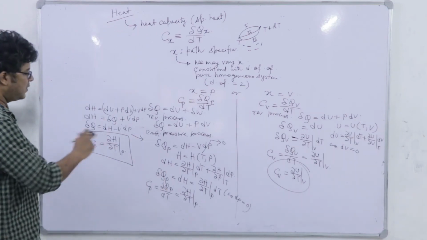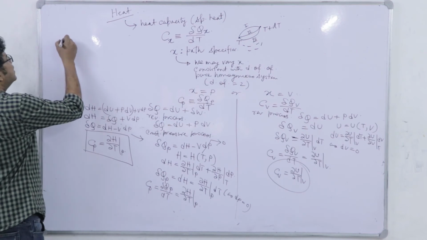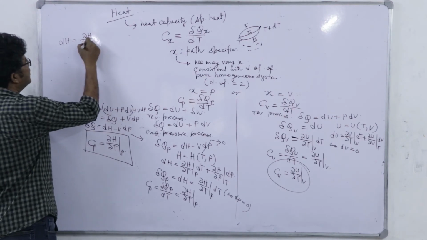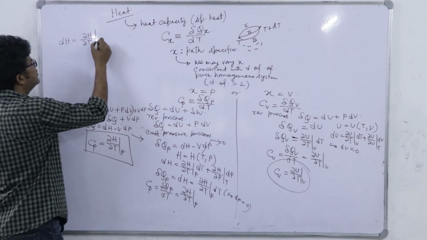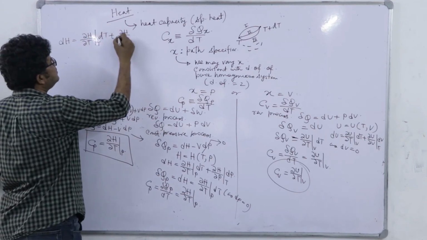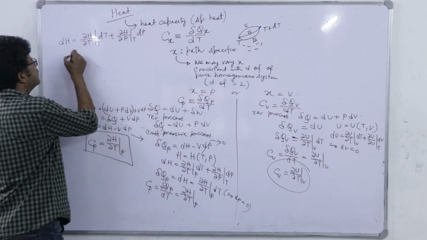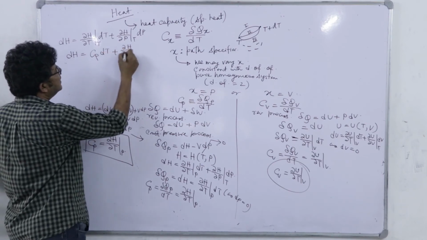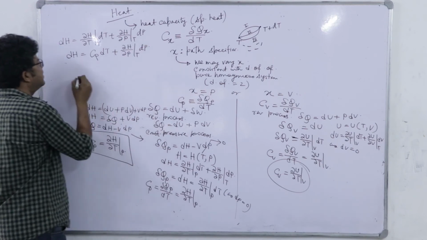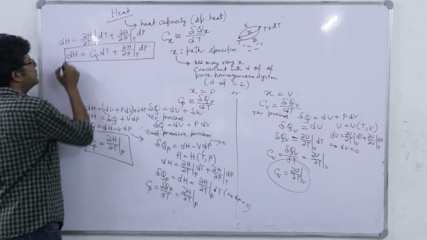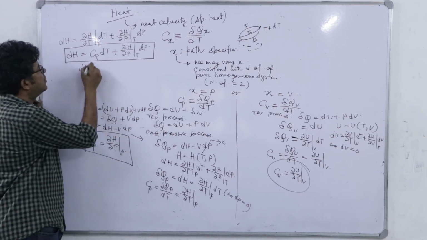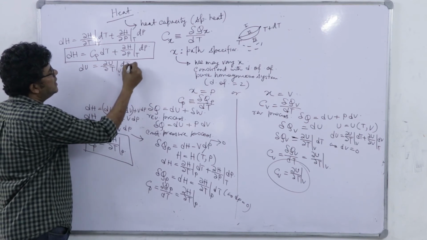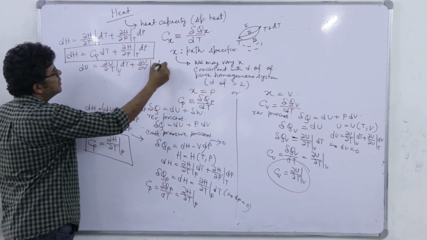So finally you see, once we have defined Cp and Cv, we can have a route to calculate dH. dH will be equal to, by chain rule, for a pure homogeneous system, this plus... so dH becomes now Cp dT plus del H del P at constant T dP, and there is one general relation: dU is equal to del U del T at constant V dT plus del U del V at constant T dV.